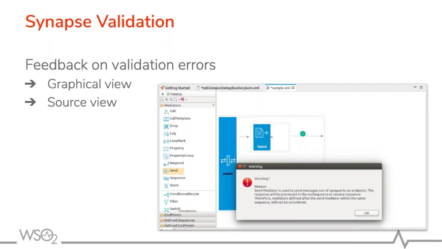Here we have added a mediator after a send mediator, which is not valid in the runtime. So once you add the mediator, it gives you a warning saying that it's prohibited.